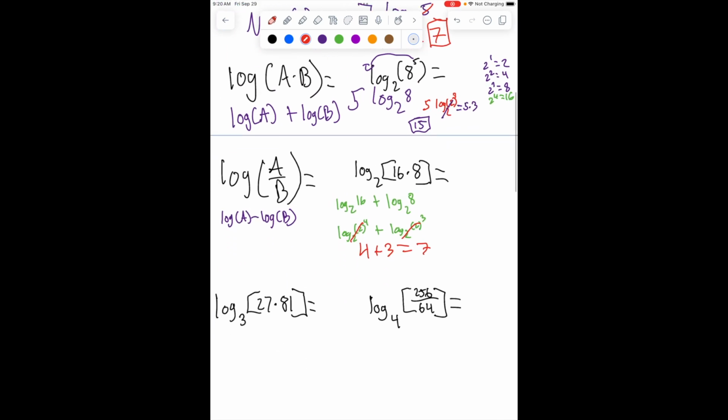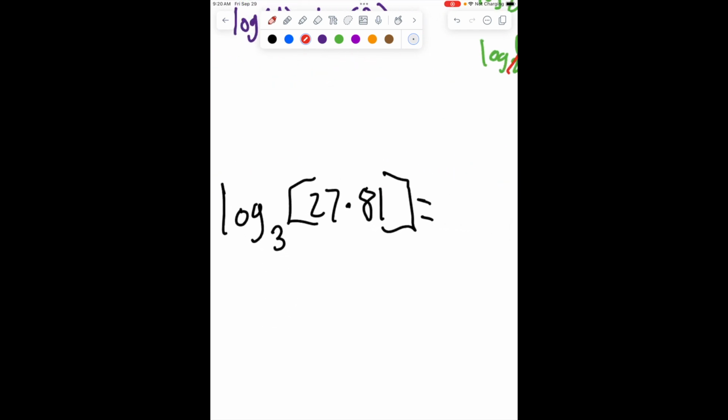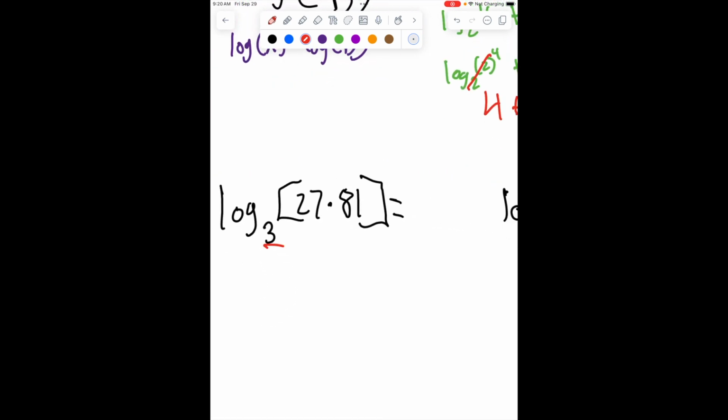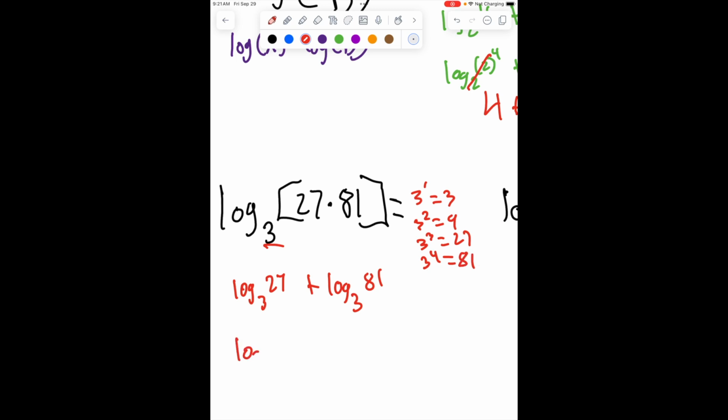All right, let's keep trying. This one's going to be very similar. Notice it's got a log base of 3 this time. So again, when I split them apart, I'm going to add them, and now I'm going to say, all right, well, I got to think about my 3's. All right, so I actually am able to rewrite these.